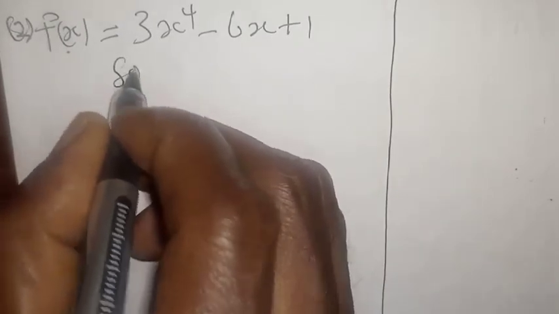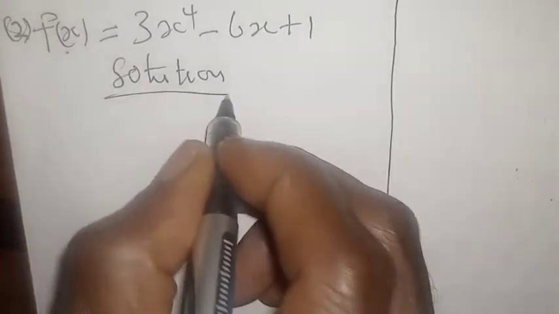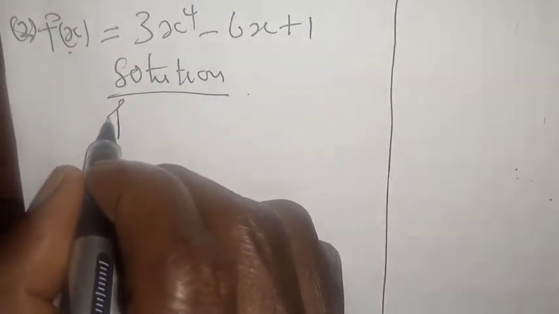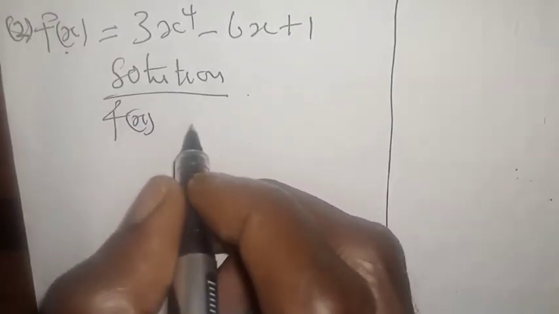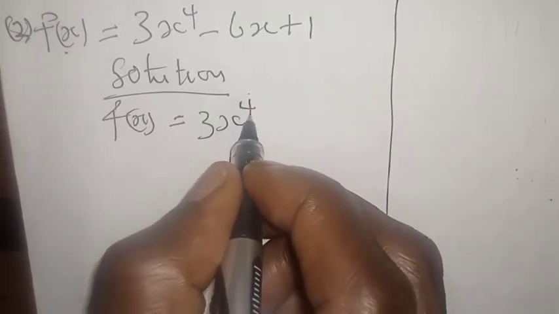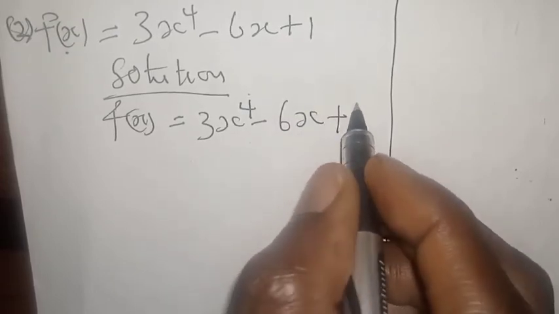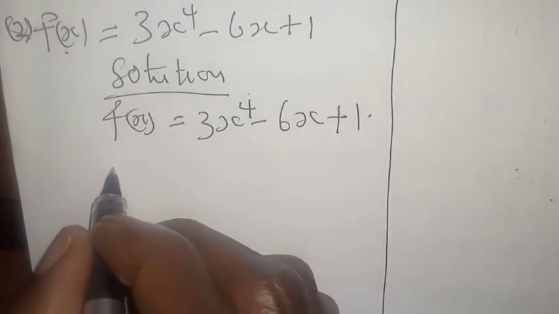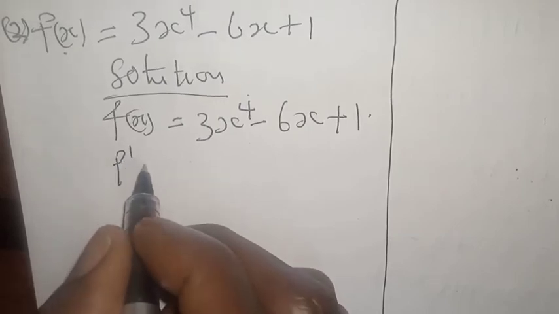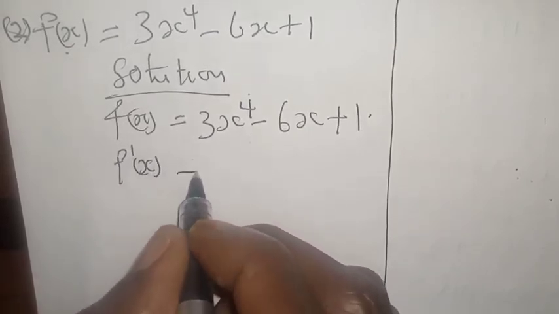You have the solution. Then we have f prime of x, that is, you are differentiating with respect to x. It will be equal to what?